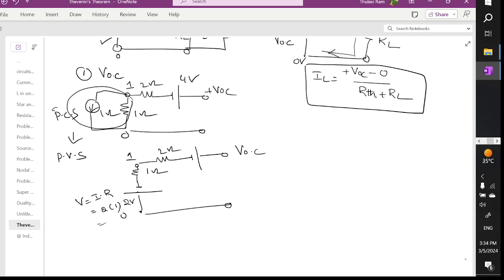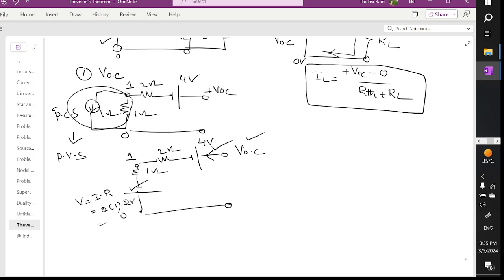Now we need to find this voltage. You see here, this is 4 volts. And now we need to find how much voltage.